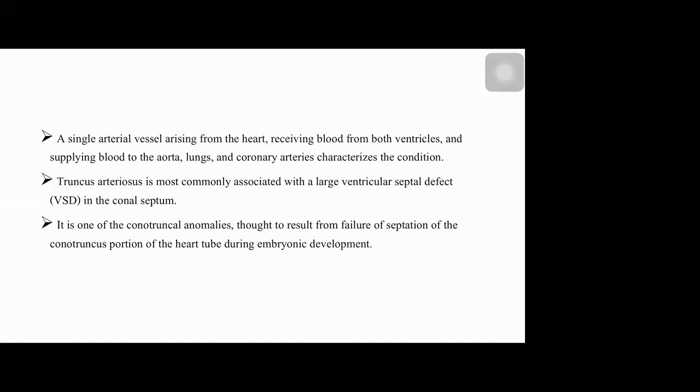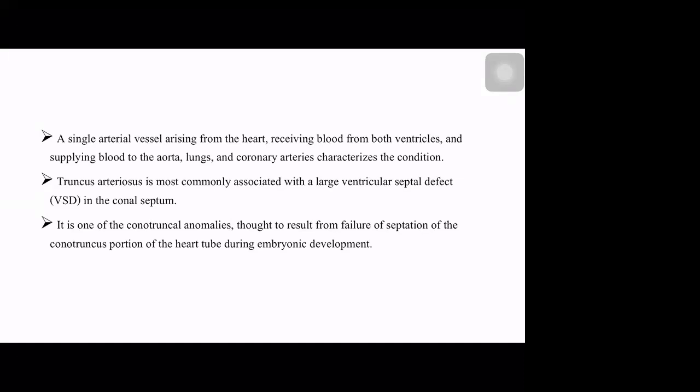The truncus arteriosus is most commonly associated with a large ventricular septal defect in the conal septum. And mostly it is a malaligned VSD. The location or the anatomy of the VSD in every type of truncus arteriosus remains the same.